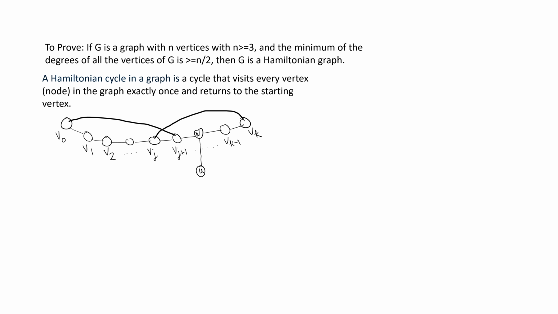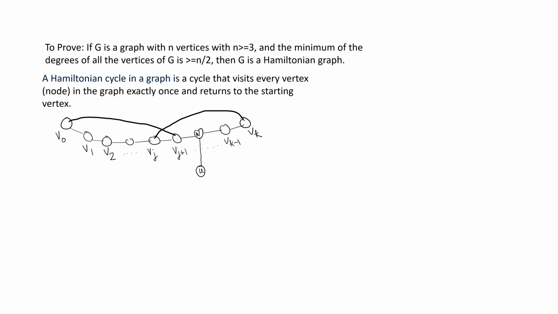Let's assume that there is a node u which was not on the original path. But we already proved, first of all, that it is a connected graph, which means every node in the graph will be connected to at least one of the other nodes. So u will be connected to, let's say, another node called w.